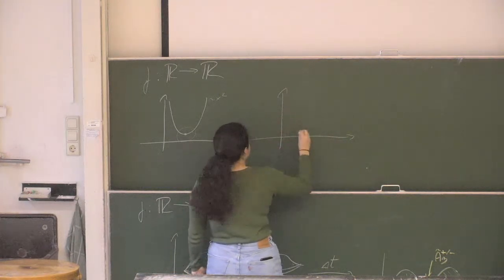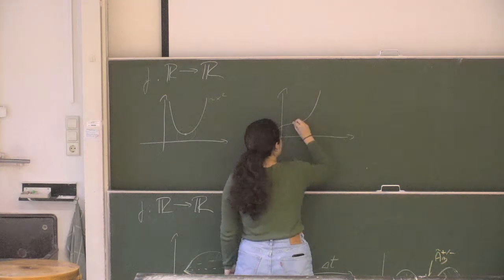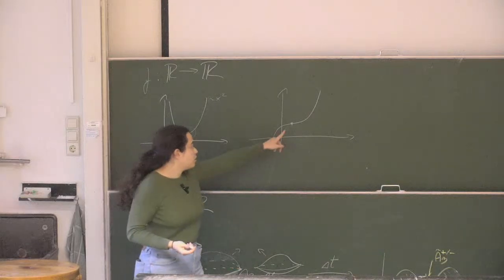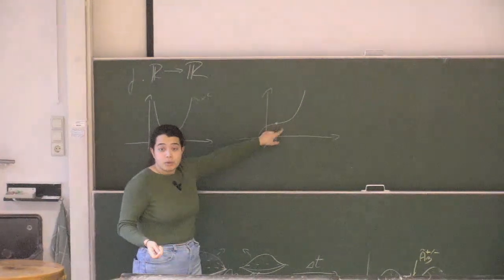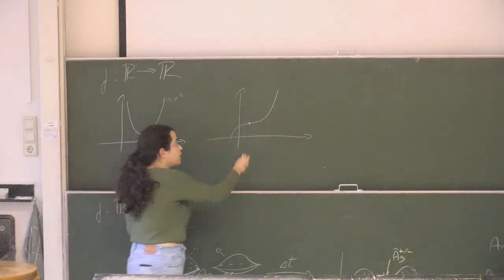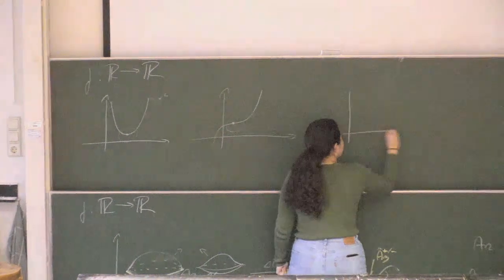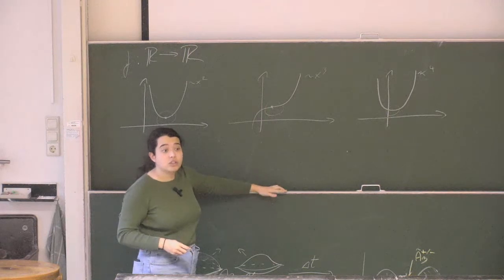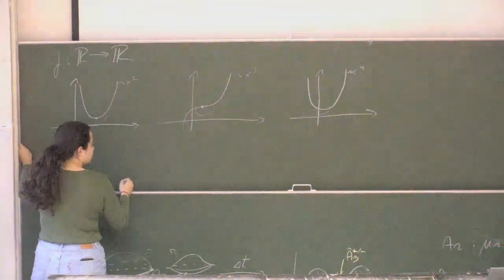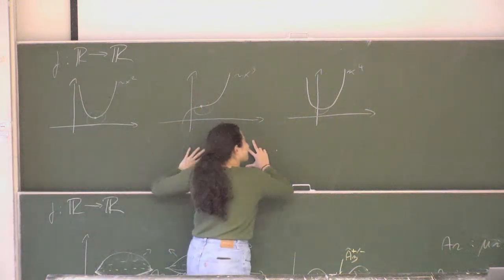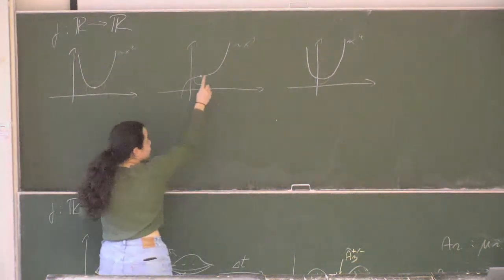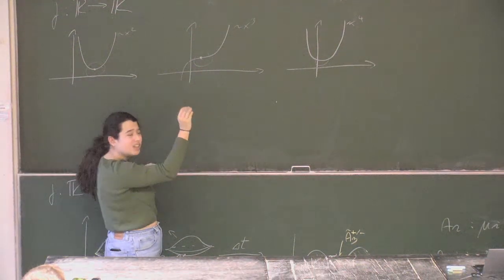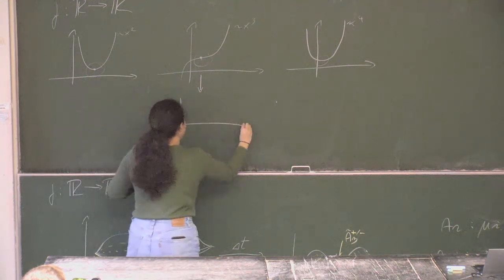Now I have another function, and this function looks like this. And then you might say, ooh, this critical point is different because here my first derivative is 0, but my second is 0 too. So I have a really distinct case here. And the gist of Morse theory is to say, no, these cases are pathological actually, because the moment I change these functions by a tiny little bit, this transforms into this.